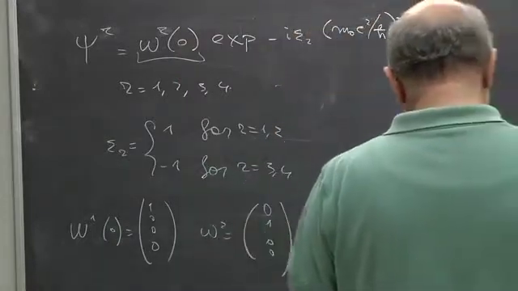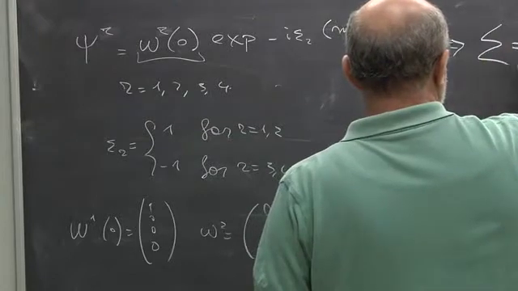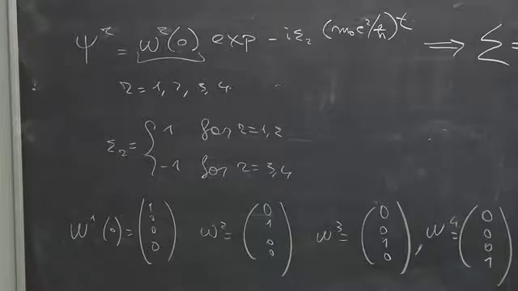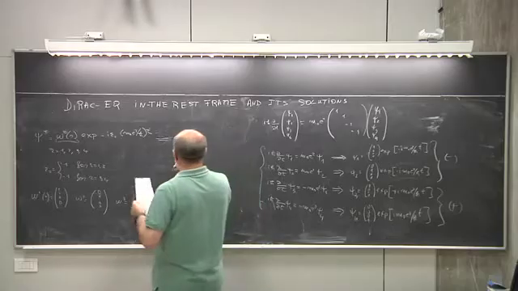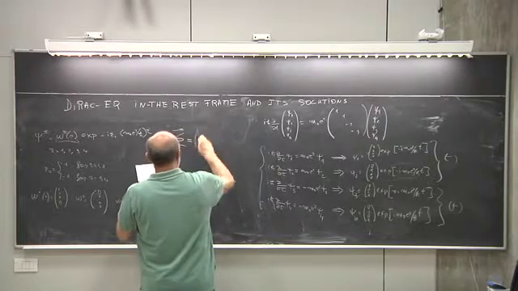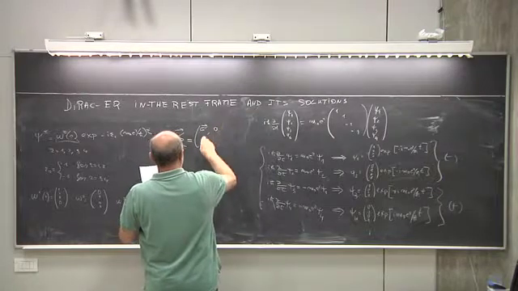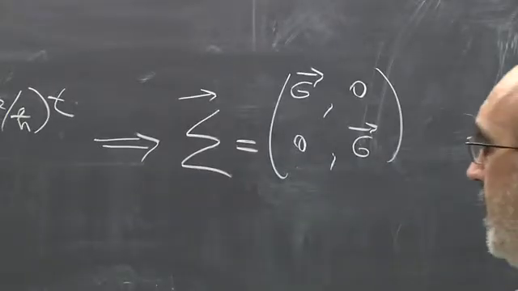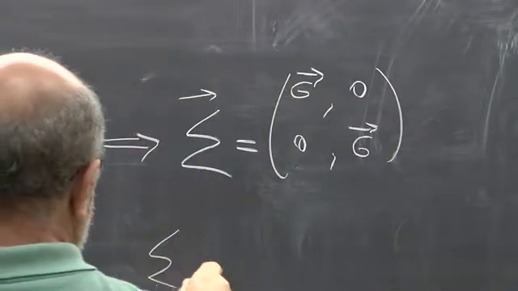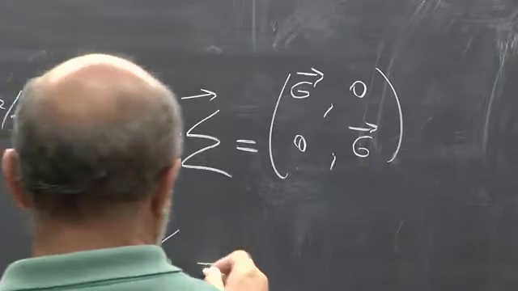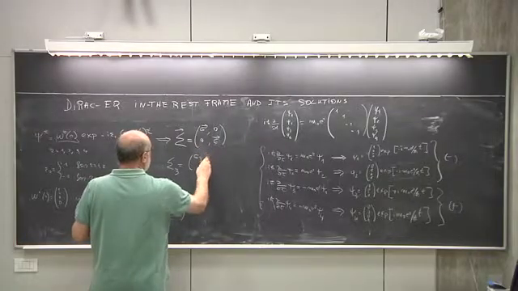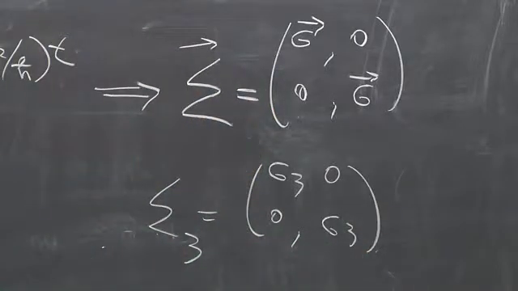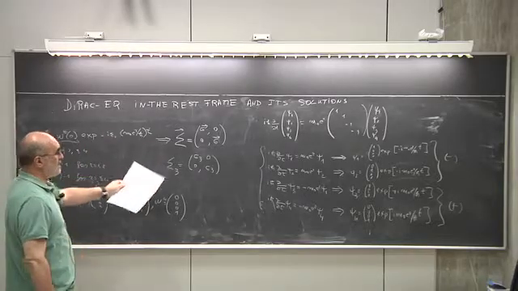If you remember, we had a generalized concept of helicity that was sigma, and sigma is a vector that is a 4×4 matrix, with the sigma matrix defined in this manner. Now, if you take sigma 3, that is sigma 3, 0, 0, sigma 3, then it's easy to see that these are eigenstates of this sigma 3.